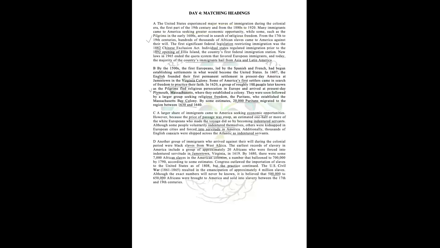The earliest records of slavery were 20 Africans forced into servitude in Jamestown. By 1680, there were so many Africans. Then the practice continued, even though there was a law to stop importation of slaves. And then so many Africans ended up becoming slaves in the 17th to 19th centuries.